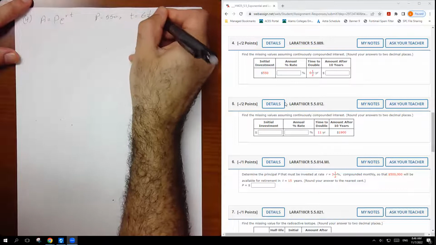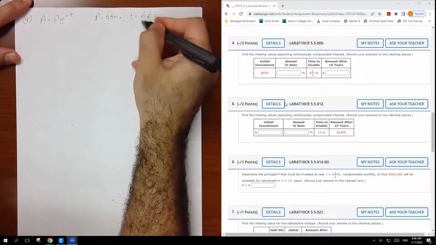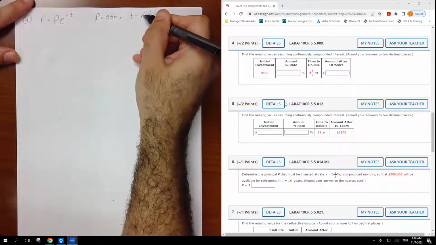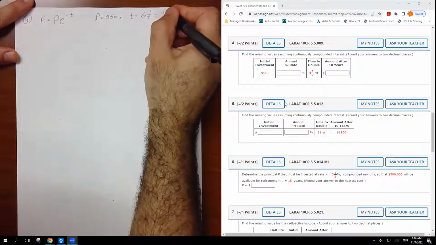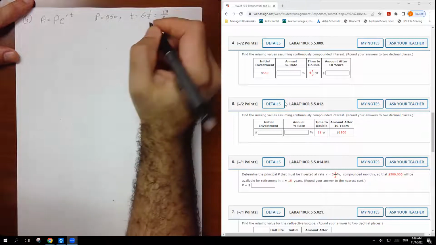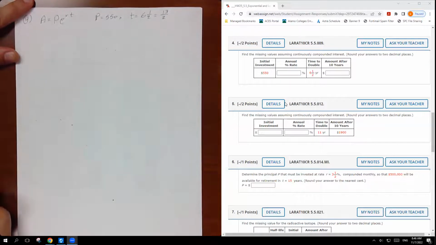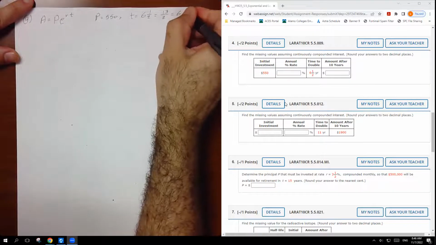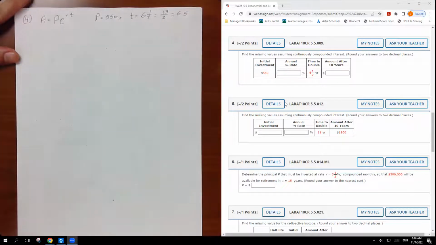6.5, which is equal. Let's convert this one to a proper fraction. So 2 times 6 is 12, plus 1 is going to be 13 over 2. 13 divided by 2 is going to be 6.5. So this one is going to be 6.5 years. So this is our time. That's the only information we have.